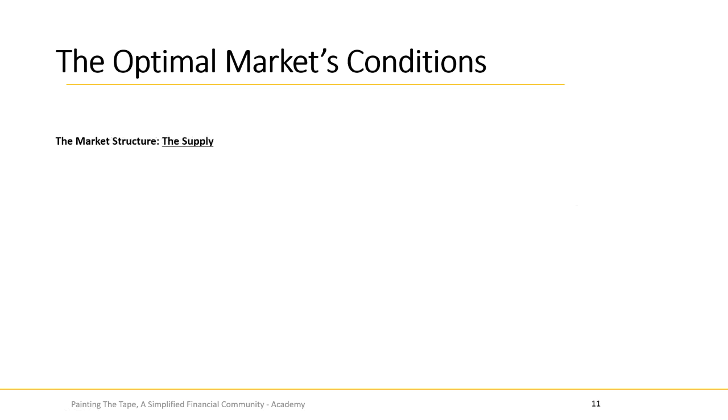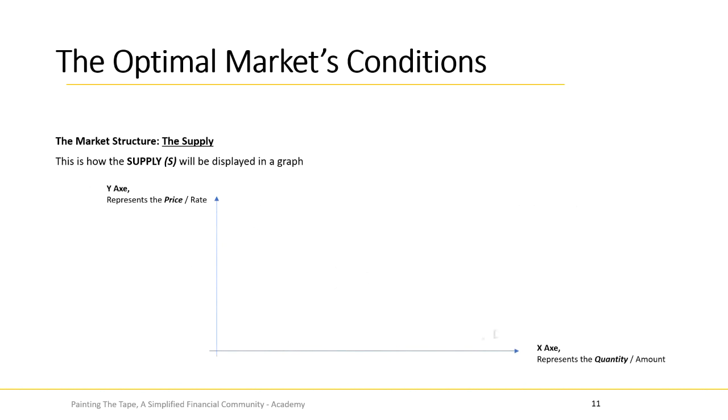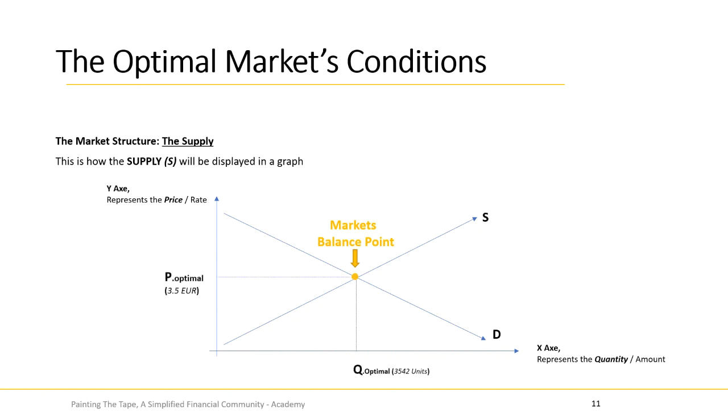If I continue, I will see that the market structure puts the supply and the demand together, and there we have a balance point. So if I put the two curves, they are meeting.